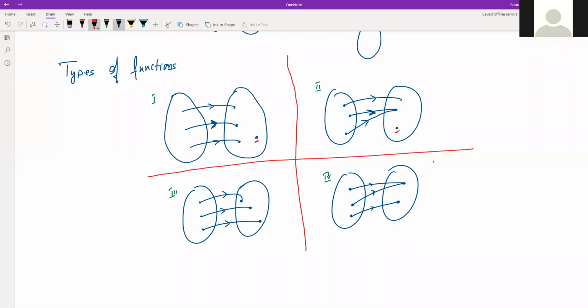Such a function is possible. In a function, there should not be anything left in the domain, but in the codomain, there can be an element without a pre-image. So that is possible. This part above the red line, let us give it a name, and that is called an into function.